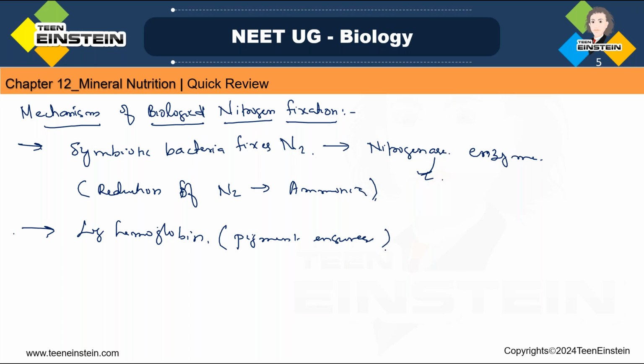So the symbiotic bacteria fix nitrogen with the help of the nitrogenase enzyme, which is responsible for the reduction of nitrogen to ammonia. This enzyme is very sensitive to molecular oxygen, so leg hemoglobin is the pigment which ensures the enzyme is protected from oxygen.